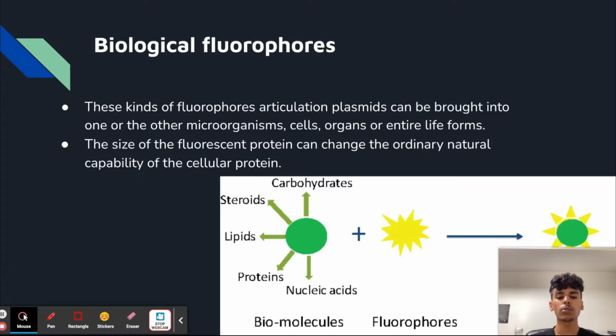The size of fluorescent proteins can be changed according to natural capability of the cellular protein in which the fluoroprobe is used, and organic fluorescent molecules don't commonly give the degree of photostability and awareness presented by the manufactured fluorescent colors.